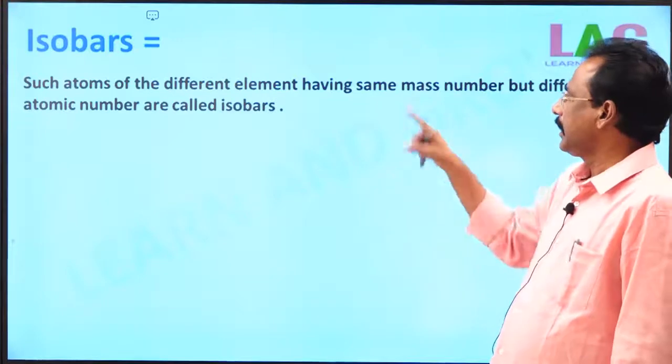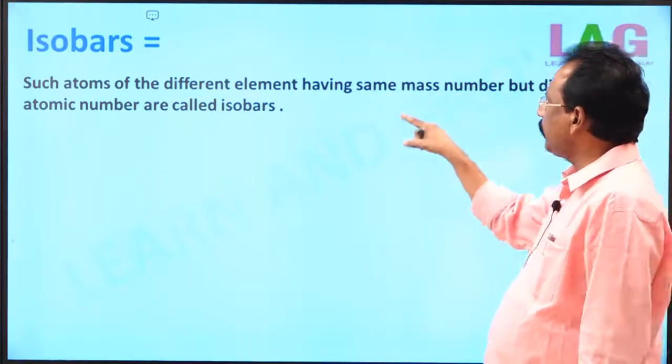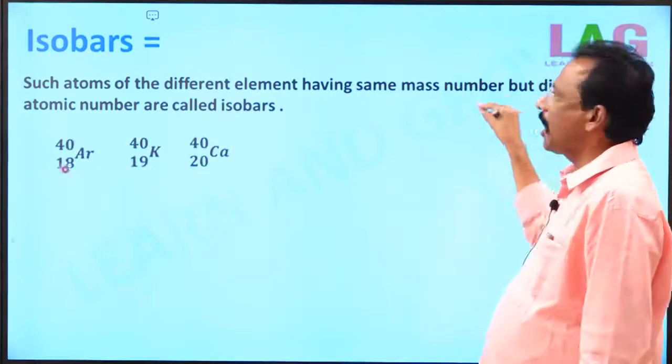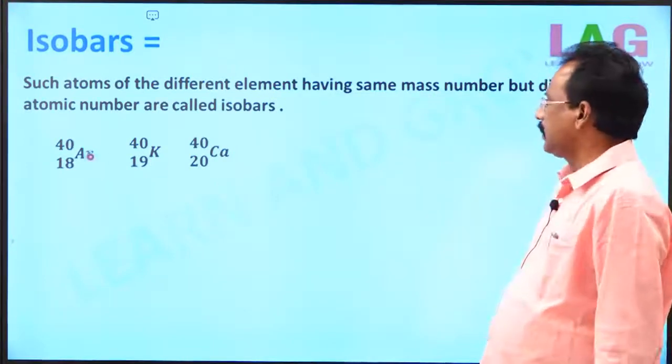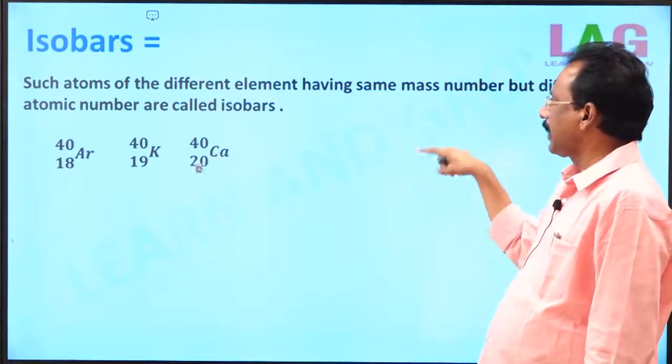Now the next one is isobars. Atoms of different elements having the same mass number are said to be isobars. Some examples are argon, potassium, calcium.